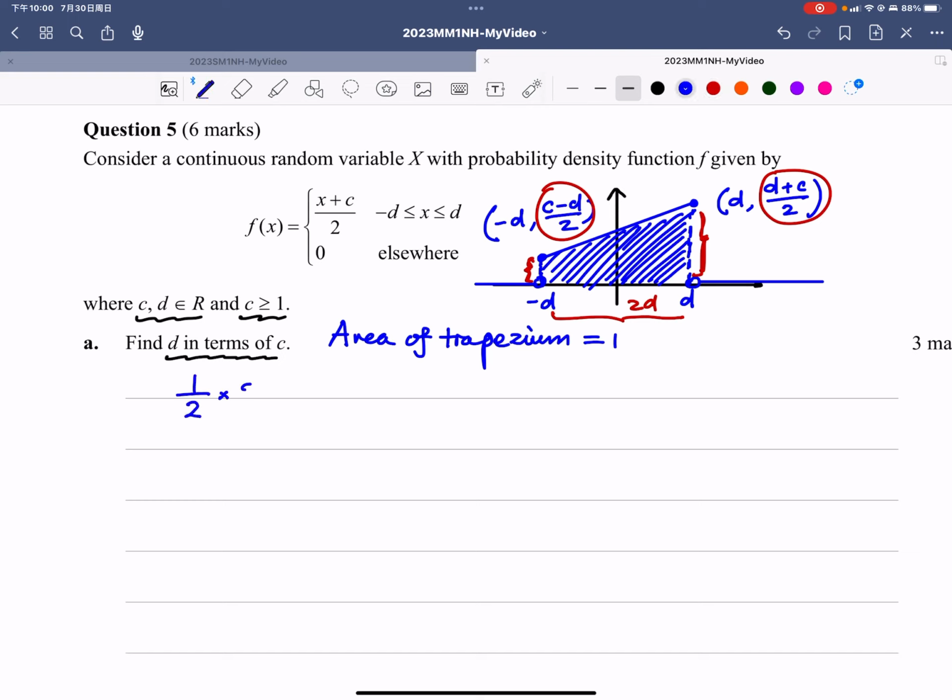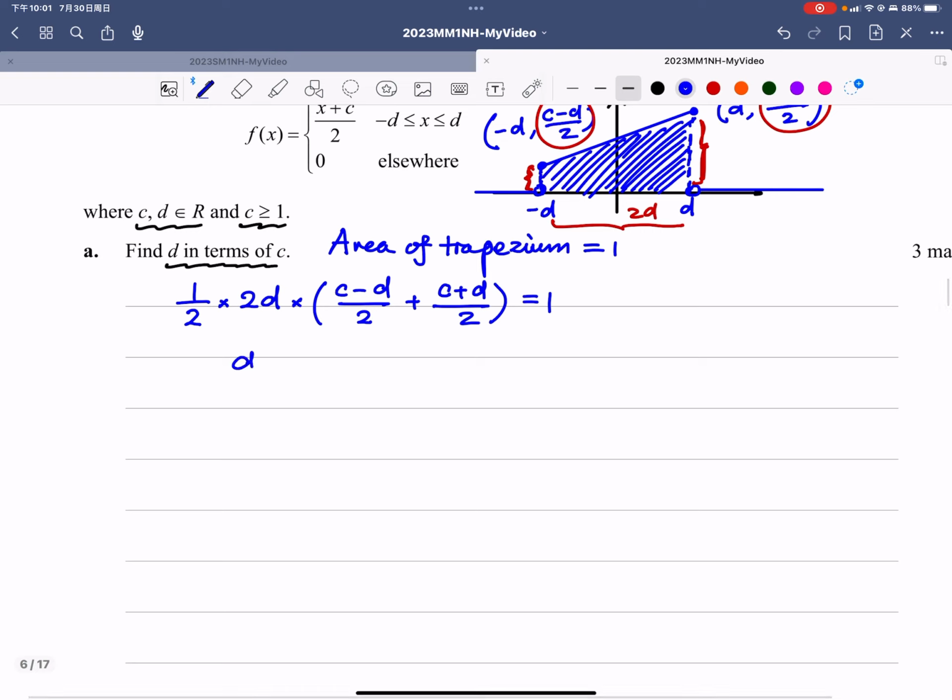Half times 2d times (c minus d)/2 plus (c plus d)/2 equals 1. So d times, oh yes, c minus d plus c plus d, that's just 2 lots of c, divided by 2, equals 1. So c times d equals 1. Therefore, d equals 1 over c, okay?